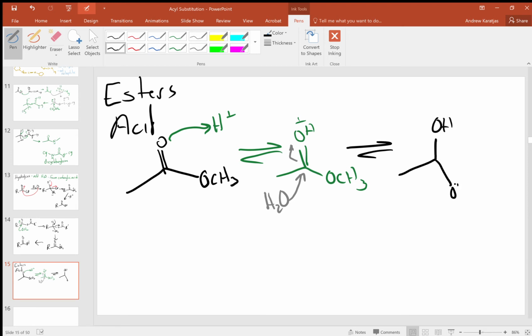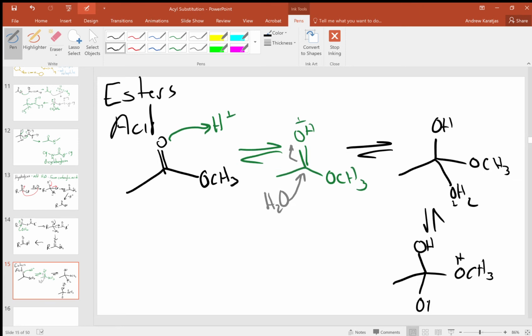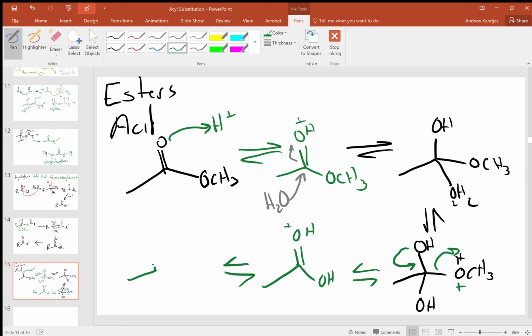Upon doing that, that's where we get our tetrahedral intermediate. We get a proton transfer from one oxygen up to the oxygen that was on the ester. That makes our R group over there a good leaving group. The OH can add in its lone pair, kicks out methanol. And loss of a proton gives us our product.